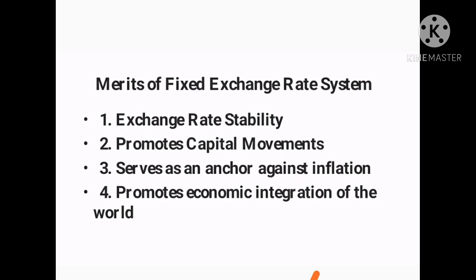This is similar to a single common currency in a country which promotes economic integration of a nation in the sense that it facilitates communication, trade, and free movement of finance between different regions of a country. It ensures free competition among all producers and consumers of various countries. Similarly, a common currency would promote economic integration of the world.